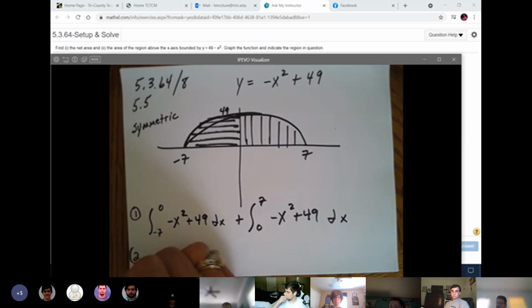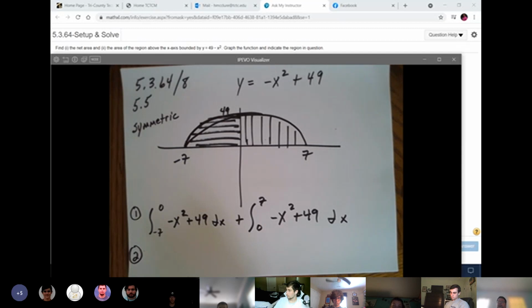Somebody give me another way to do the area under this curve. Break it up into blocks. Okay, break it up into blocks and do the geometry.